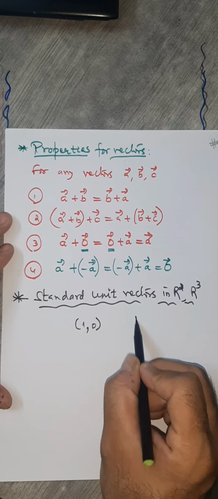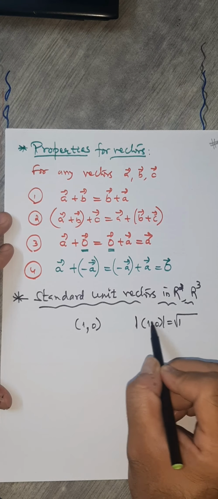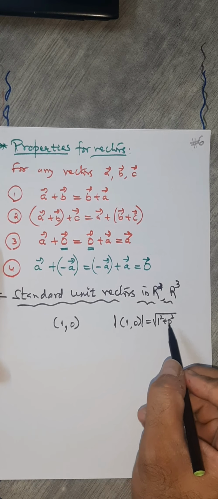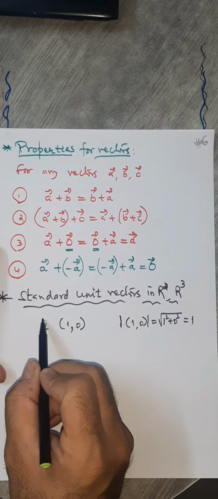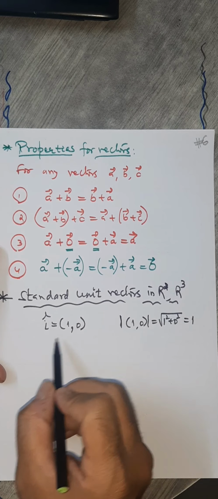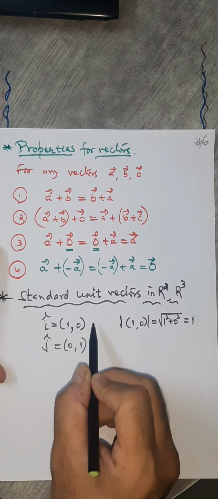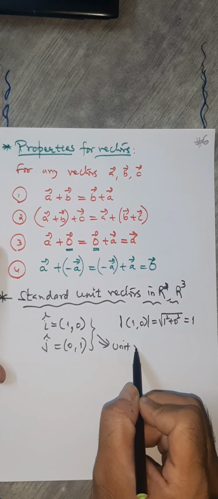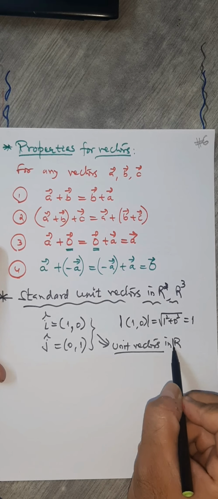Length of this, magnitude of this vector will be root of 1 square plus 0 square, which is 1 here. That means this is a unit vector. So this is sometimes denoted by i cap. And similarly j cap, you know it is (0, 1). These are the standard unit vectors in R2. We know this.